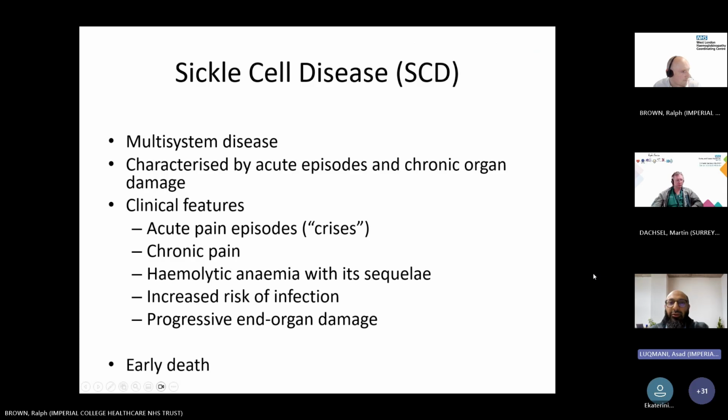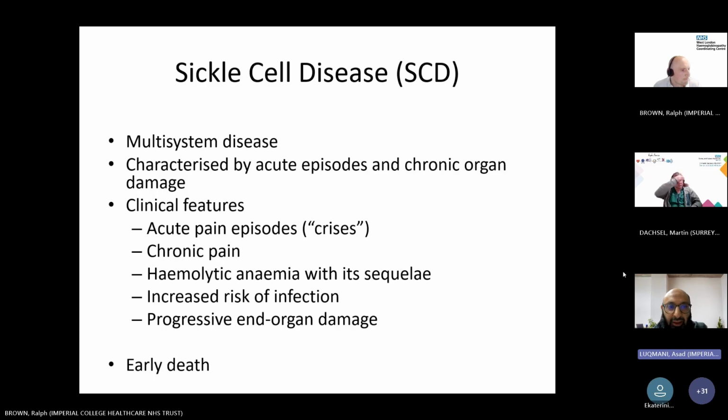As you all know, sickle cell disease is a multi-system disease, and it's characterized by both acute episodes, which we'll be focusing on mainly in this talk, and also chronic organ damage. Clinical features are characterized by the acute pain episodes, what we usually call crises, and chronic manifestations, including chronic pain and consequences of hemolytic anemia or hemolysis.